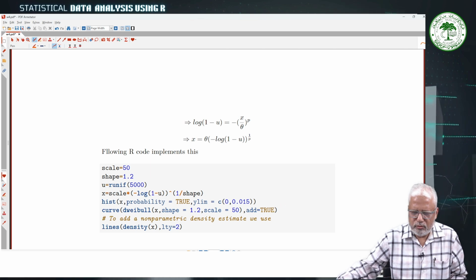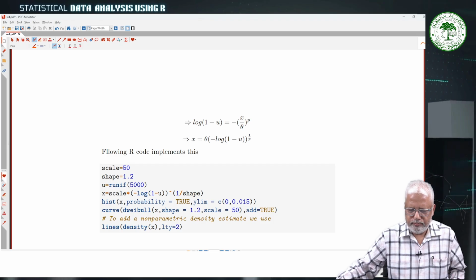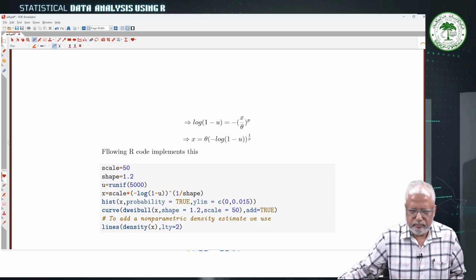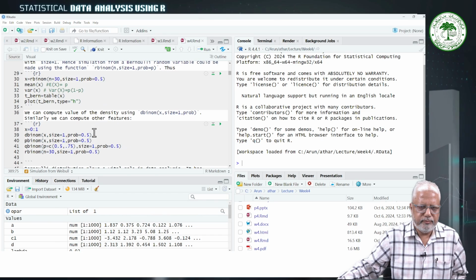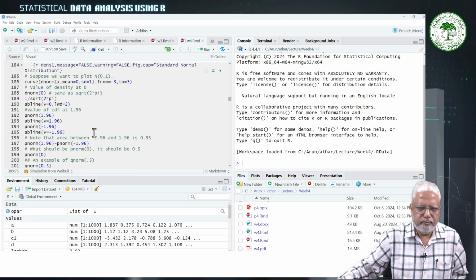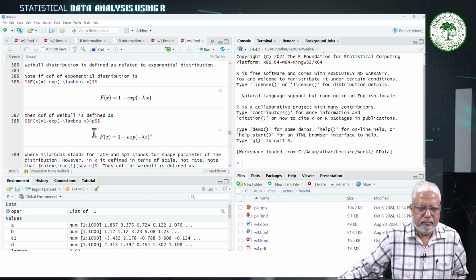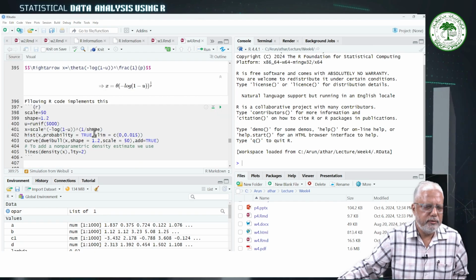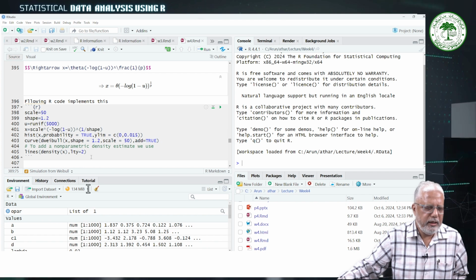So we will go to the R codes now. So here we are defining scale equal to 50.